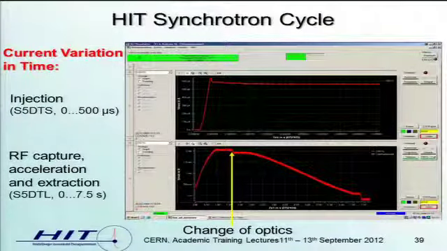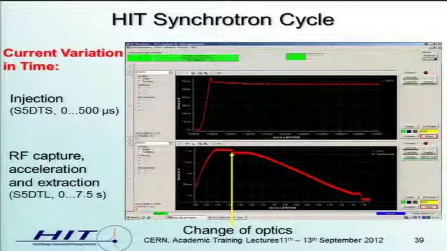Altogether, the current variation in time during the synchrotron looks like the following. We have the multi-turn injection, as you have seen here. This is a scale of 500 microseconds, so it's very fast. The injection is only 40 microseconds, and then the beam stays more or less constant.